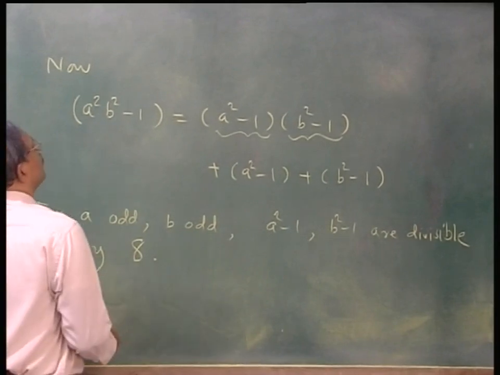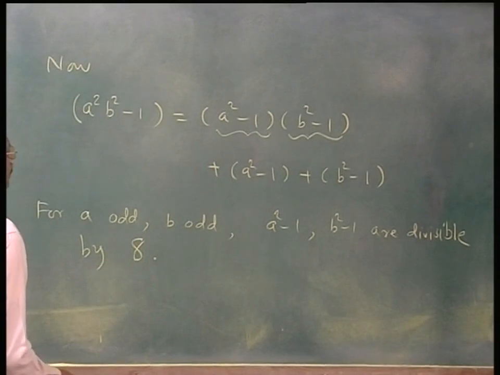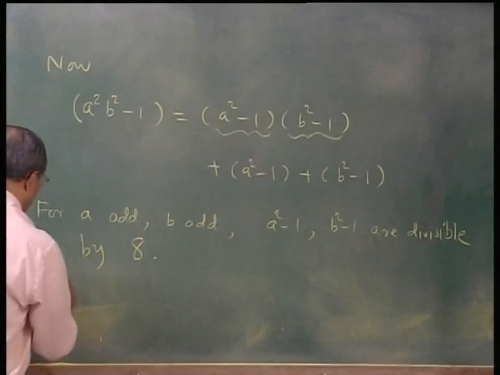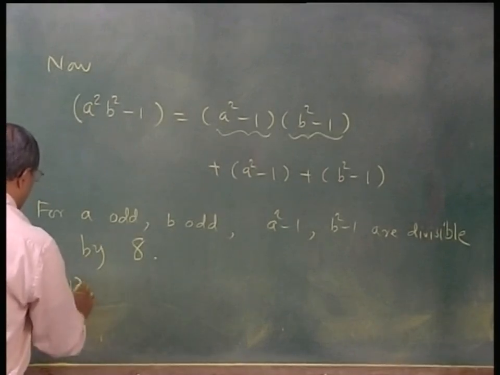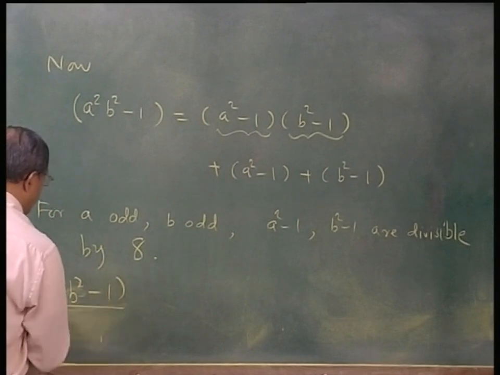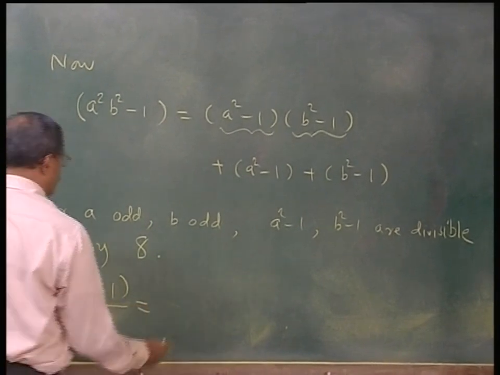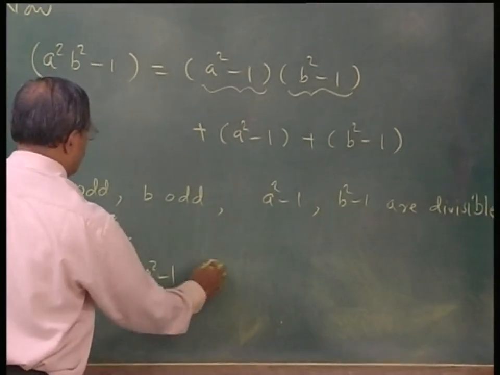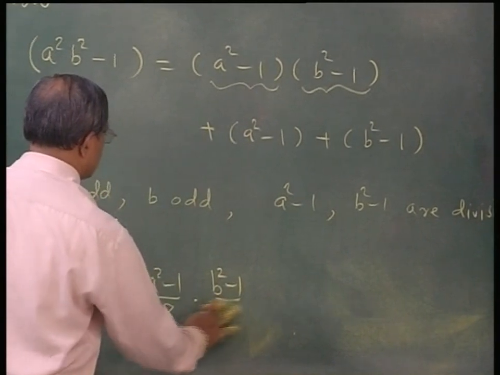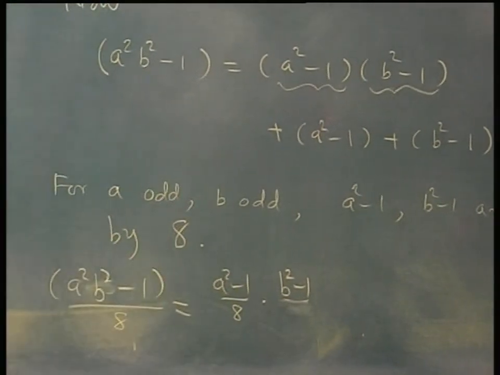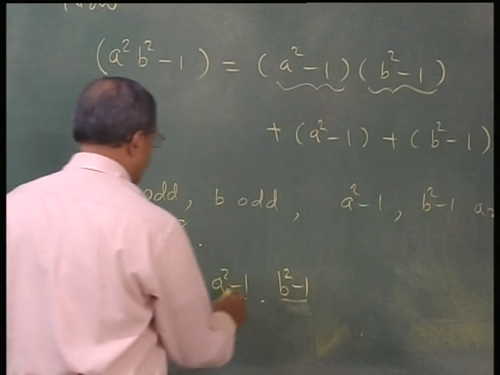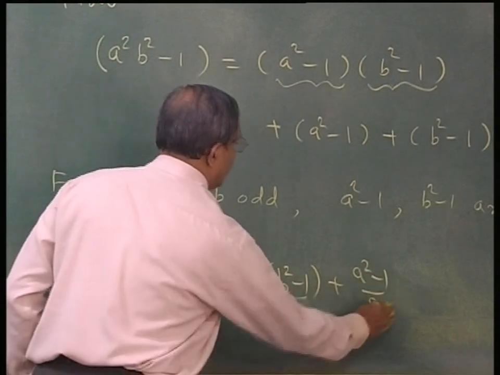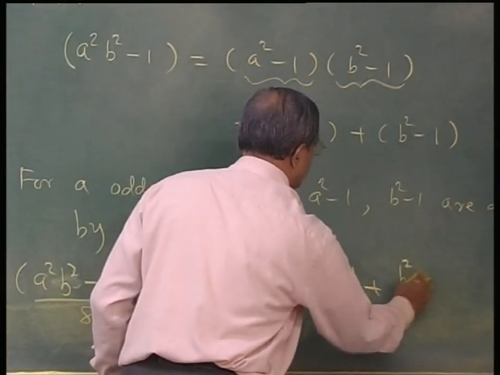First of all, you can say that if you divide by 8, what happens? Let us see. (a square b square minus 1)/8 is equal to (a square minus 1)/8 into (b square minus 1), just one of them you divide by 8, the other you can keep as it is. So let me write like this, plus (a square minus 1)/8 plus (b square minus 1)/8.